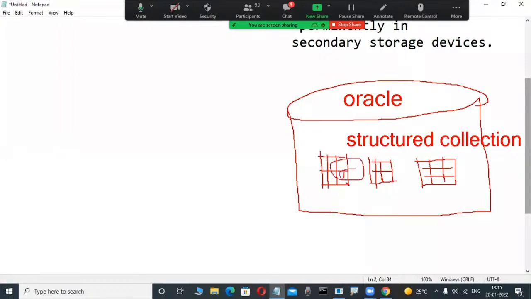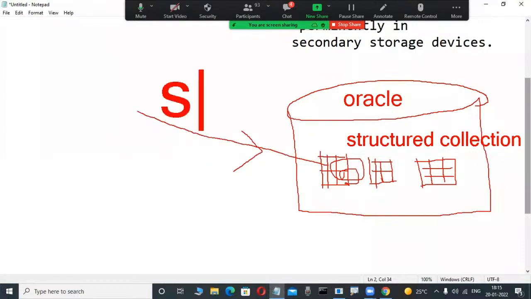Once a structured collection of data is there, to operate this data some language is required. What is that language? Maybe anybody has an idea? SQL, structured query language. Through this language we operate the structured data in relational databases.